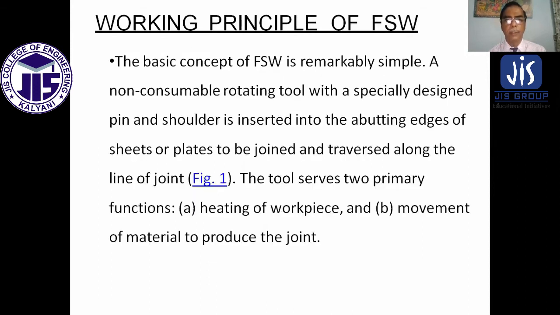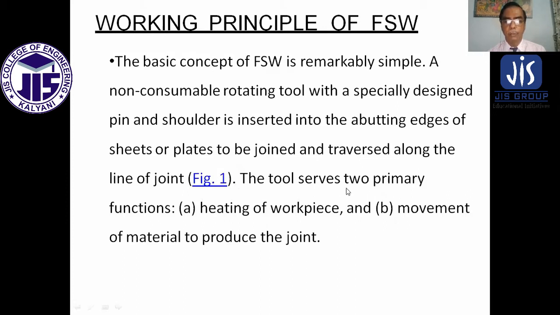Working principle of friction stir welding. The basic concept of friction stir welding is remarkably simple. A non-consumable rotating tool with a specially designed pin and shoulder is inserted into the abutting edges of sheets or plates to be joined and traversed along the line of the joint, as shown in the figure.